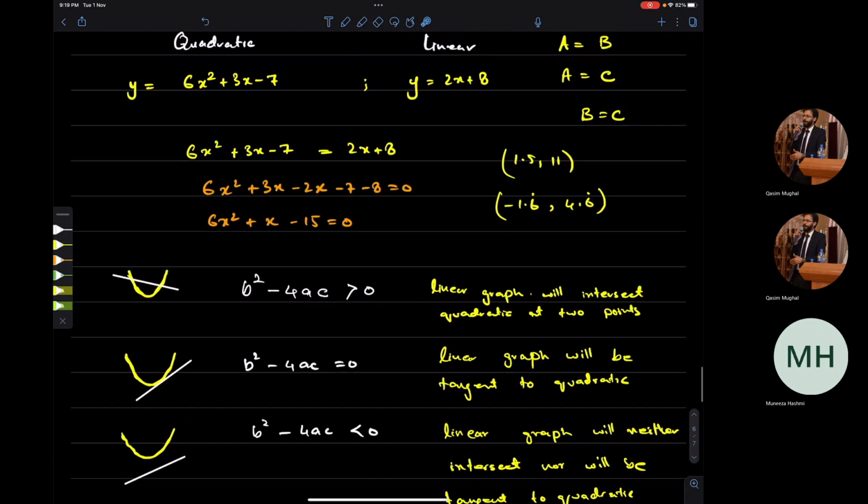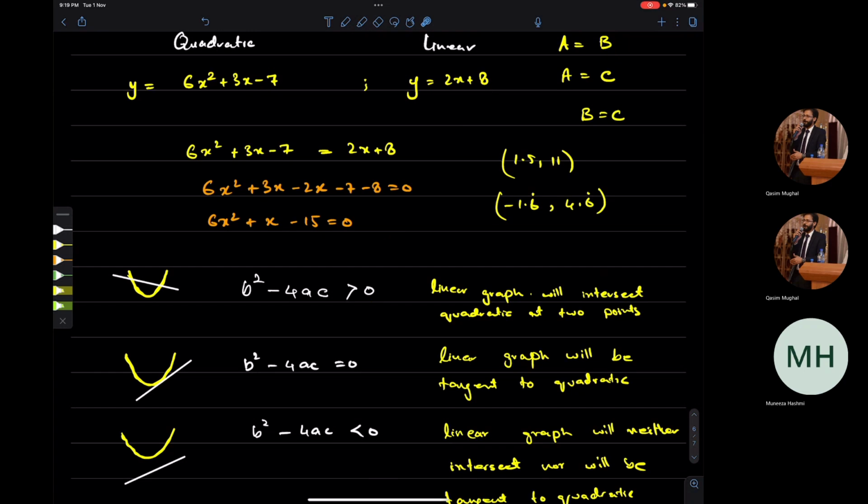I stopped here. If you continue, you will get the two values of x from this equation. Once you have the two values, put them in one by one, and you will have two respective values of y.